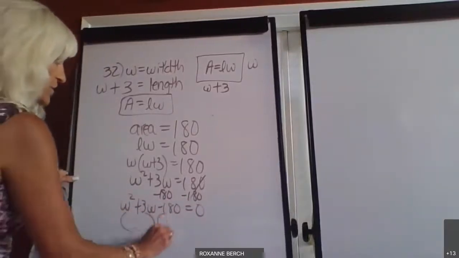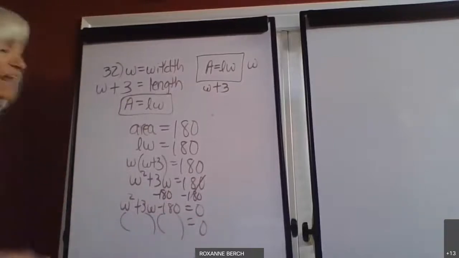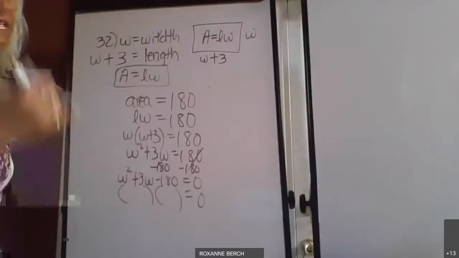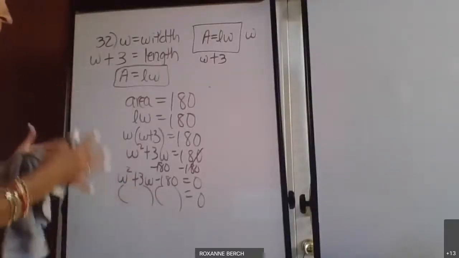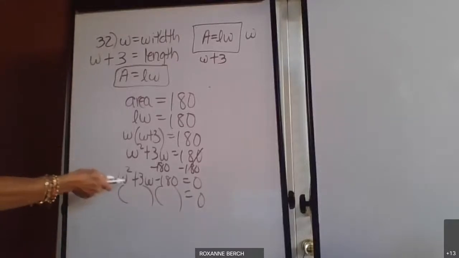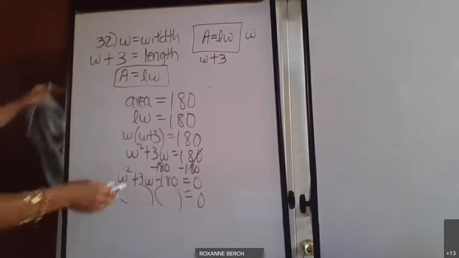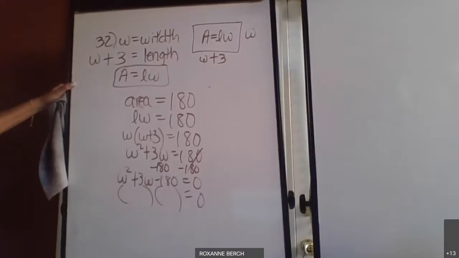I'm going to try to factor and use the zero product property. Can you go down real quick, Miss Bridge? Yeah, give me a moment because I see it. Just before you speak, give me time to move it. All right. So what multiplies to give negative 180 and adds to give 3?